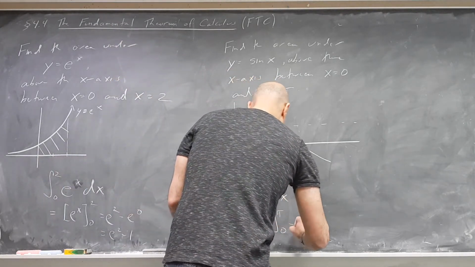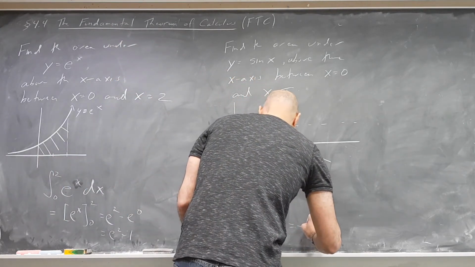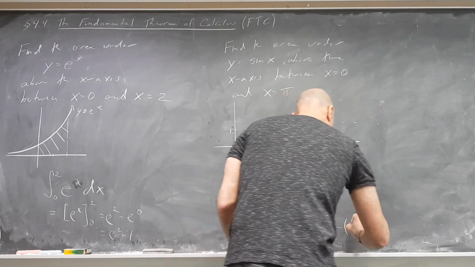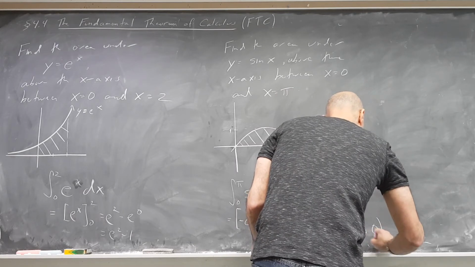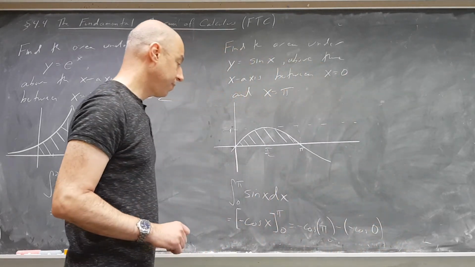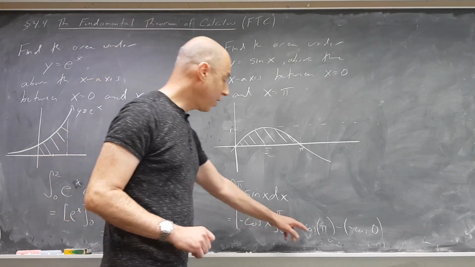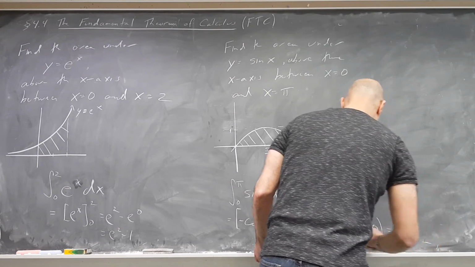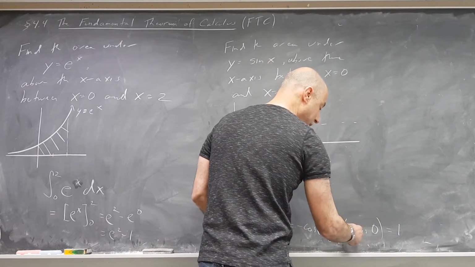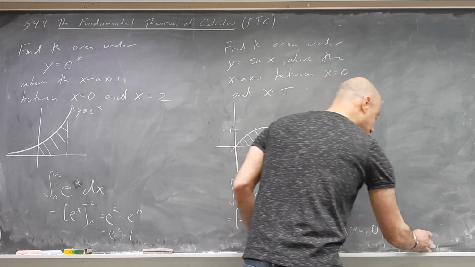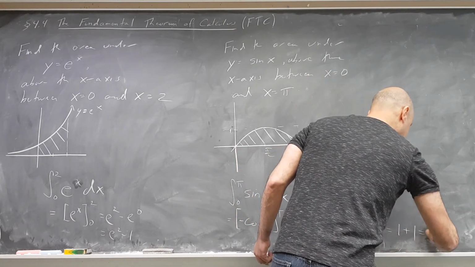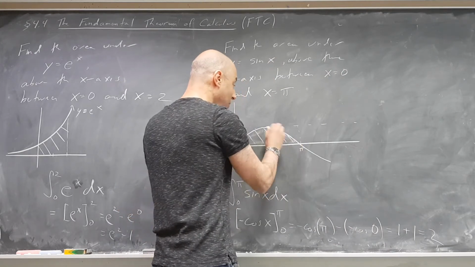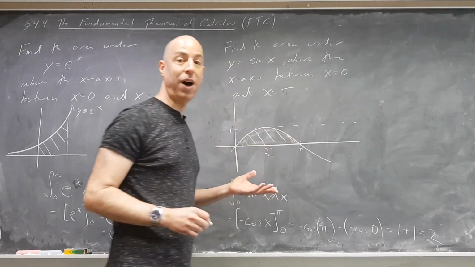So anyway, this is going to be minus cosine of pi minus minus cosine of 0. So cosine of pi is negative 1, minus cosine of pi is 1. Cosine of 0 is 1, so this is minus 1, but minus minus 1 is plus 1. 1 plus 1, 2. The area of this bump works out to exactly 2, which of course is less than the area of this whole rectangle, which is pi.